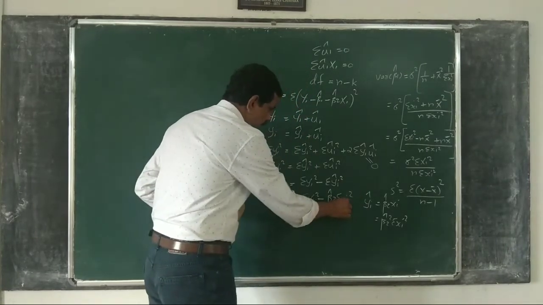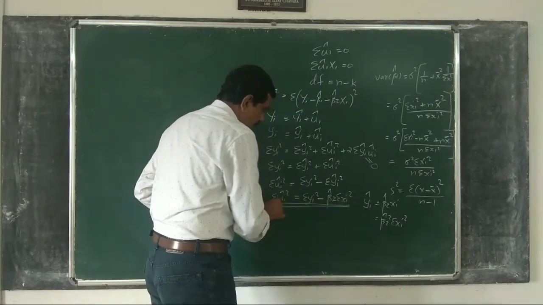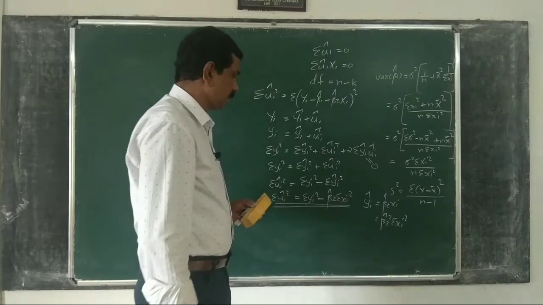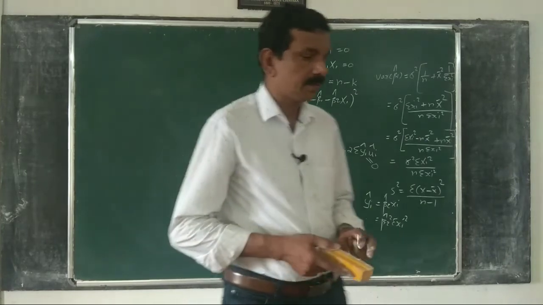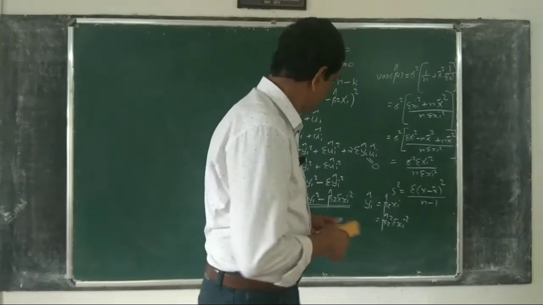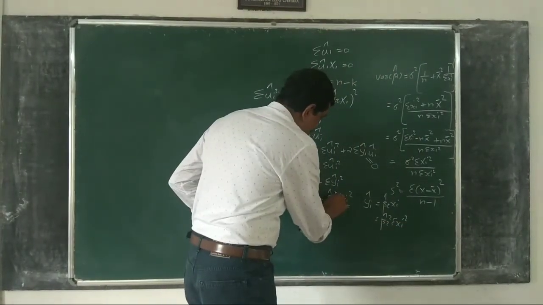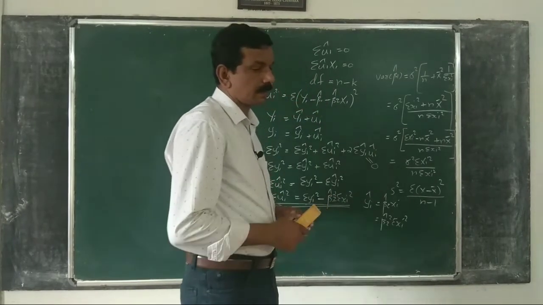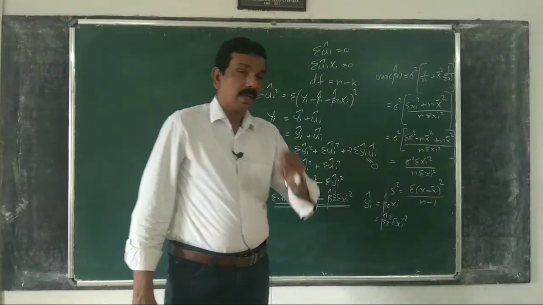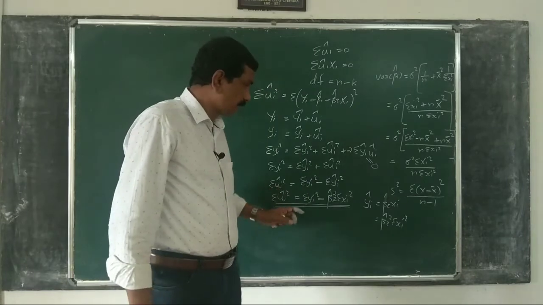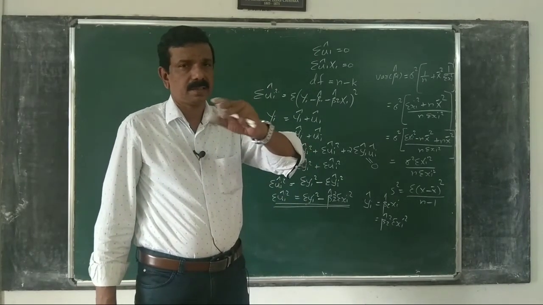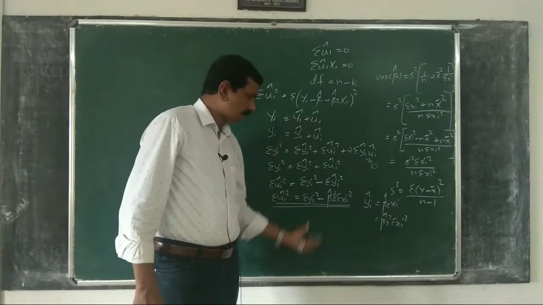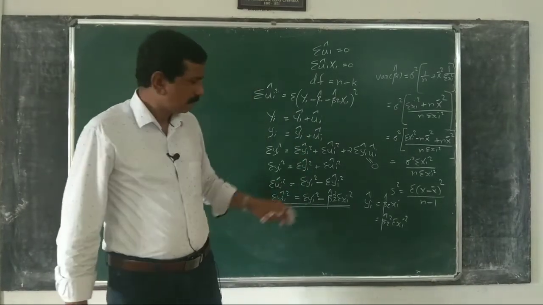This is the formula which we use to calculate sigma u hat i square: sigma yi square minus beta 2 hat square sigma xi square. In the age of software and computers, such calculations are not required.